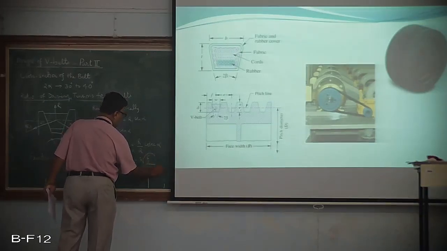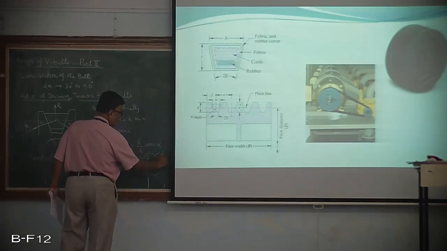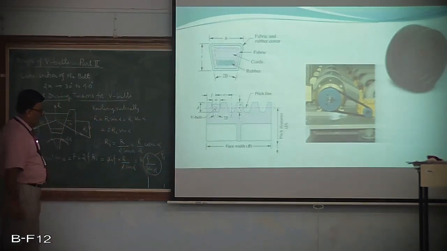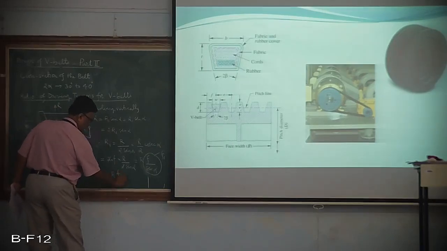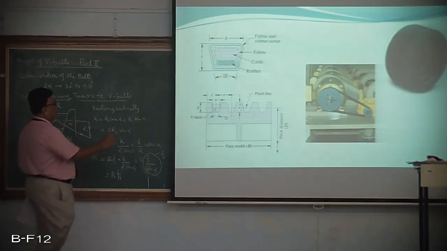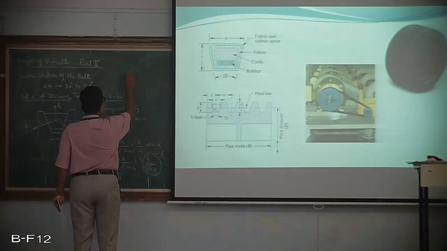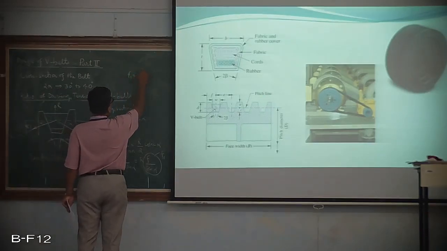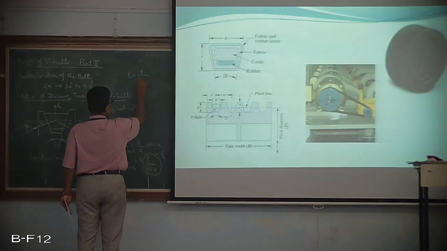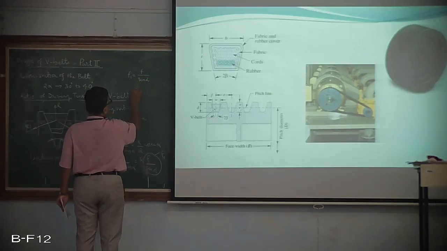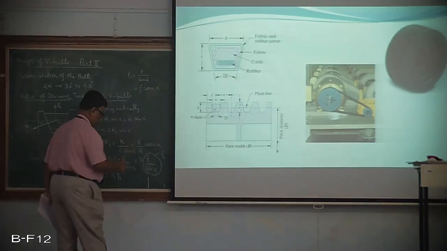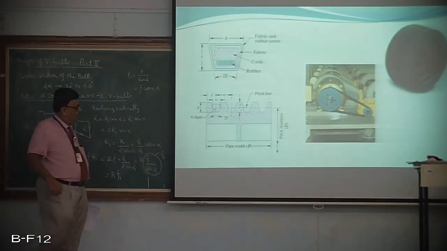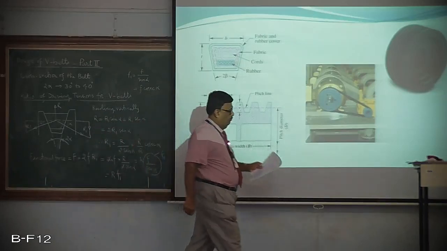This mu upon sin alpha can be written as mu1. So this can be written as R times mu1, where mu1 is the virtual coefficient of friction, found out by mu upon sin alpha, or you can also call it mu cosec alpha. This is the way we can calculate this.